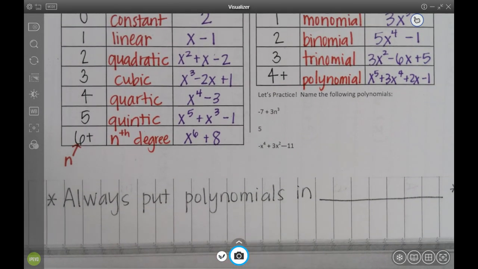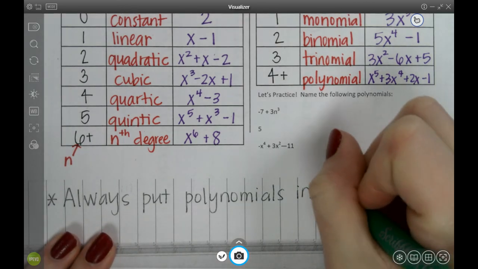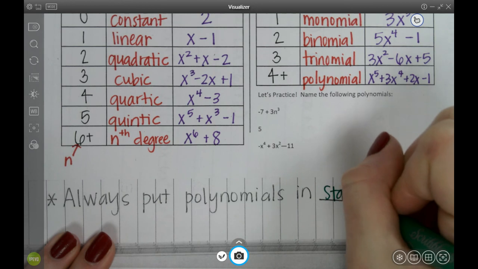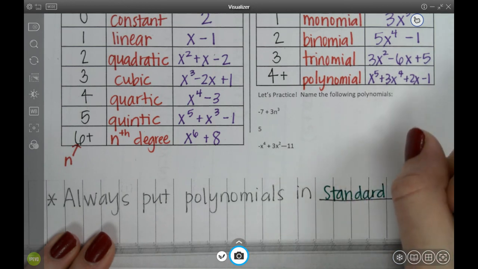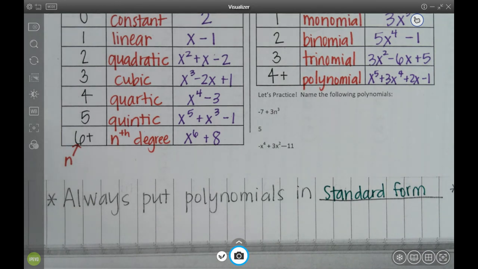Okay, and then you always need to put polynomials in standard form when you're writing your answer, or if you're going to name it, because sometimes if it's not in standard form, then you will miss something and misname it, which would be sad.